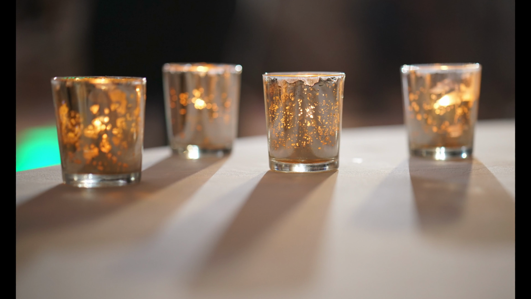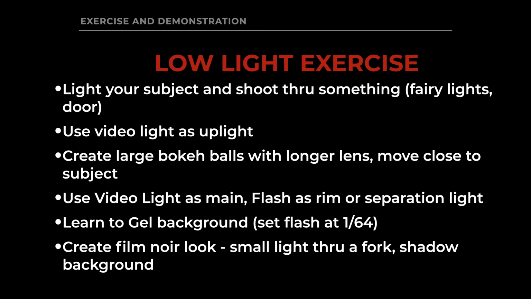I take those little candles and I shoot through them. Let's say the dance floor is in front of me, I'll just arrange those candles and shoot through them and I'll get a great shot. Anything that is lit that you shoot through is going to look amazing. It doesn't have to be fairy lights. It could be something in your environment that you find, or it could be a door. So exercise 1, shoot through something to your subject.